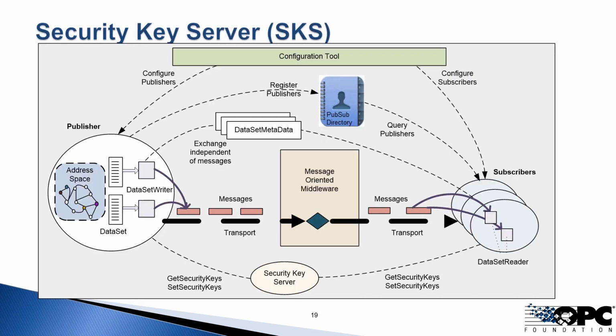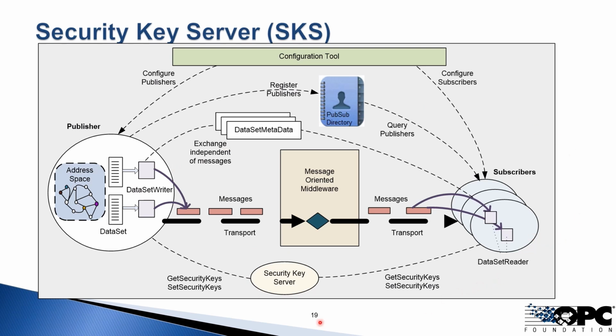And the last centralized component that I want to talk about today is the security key server. So the security key server is an entity that's used strictly in the pub/sub paradigm for OPC UA, and it's used to manage the keys used for signing and encrypting the messages sent from publishers to subscribers.